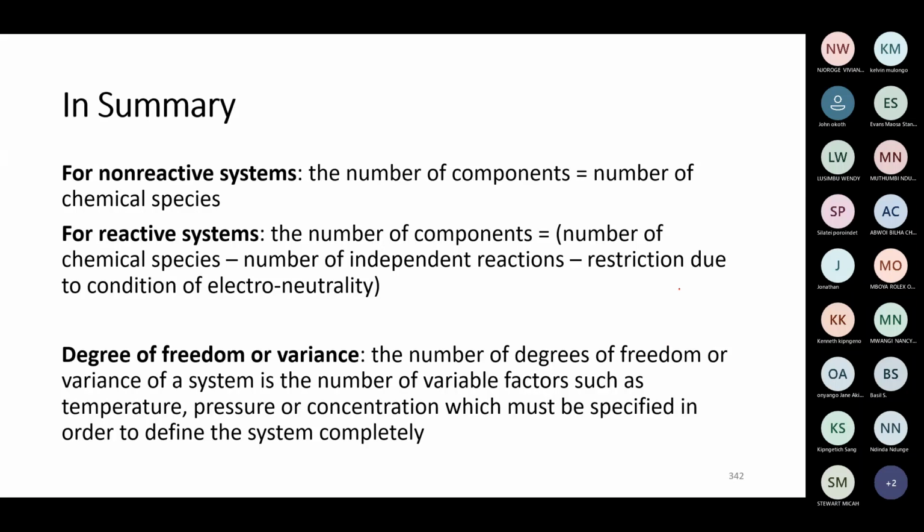Another definition that we need to dispense with is the degree of freedom. I think that was F. So the degree of freedom, F, the number of degrees of freedom or variance of a system, is the number of variable factors, such as temperature, pressure, or concentration, which must be specified in order to define the system completely.